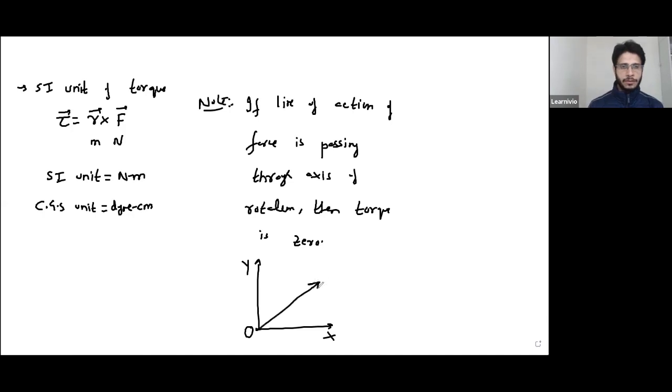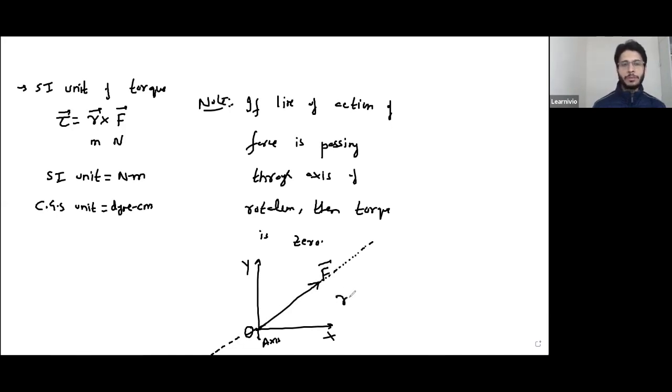And this is the direction in which you are applying force. So this is the line of action of force and this is the axis of rotation. Your line of action of force is passing through the axis of rotation.